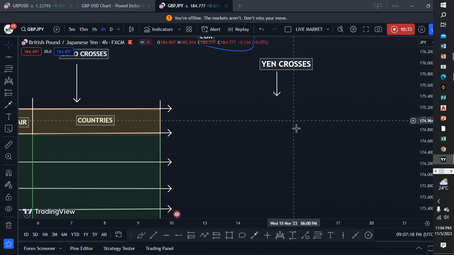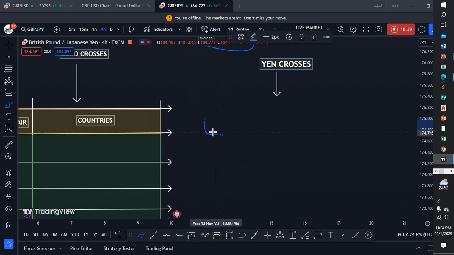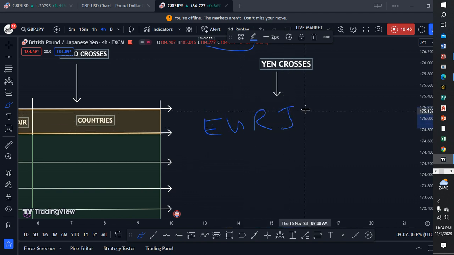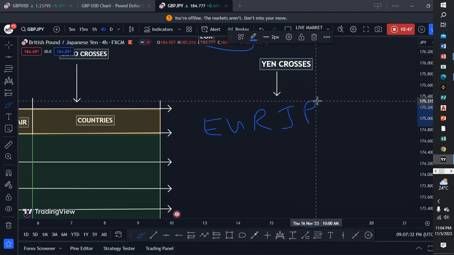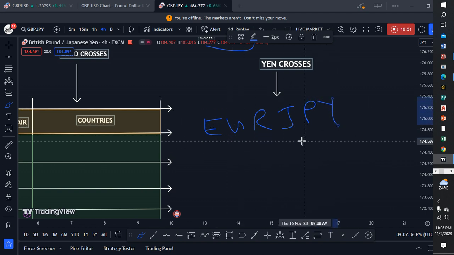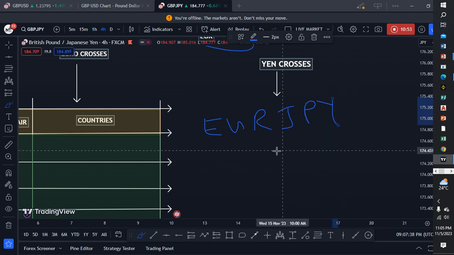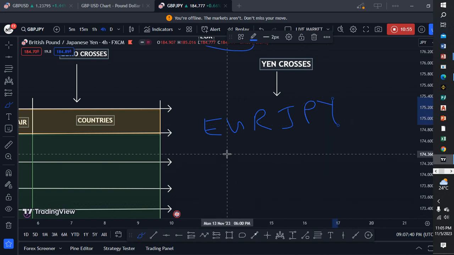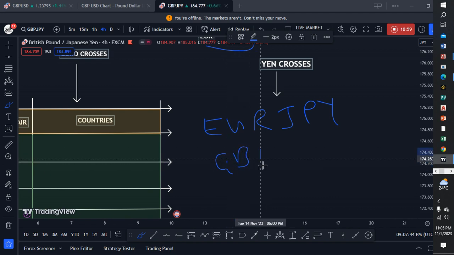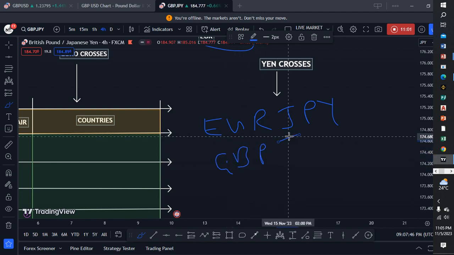We have the euro JPY, which is in the eurozone and Japan. We have the GBP JPY.